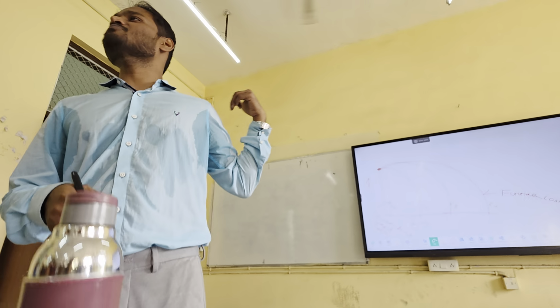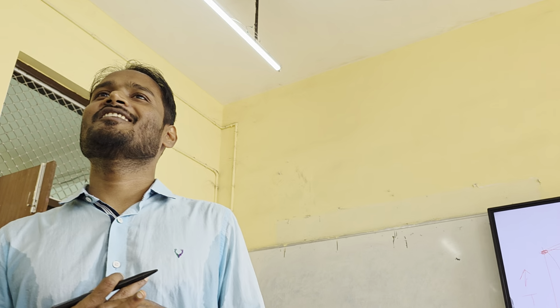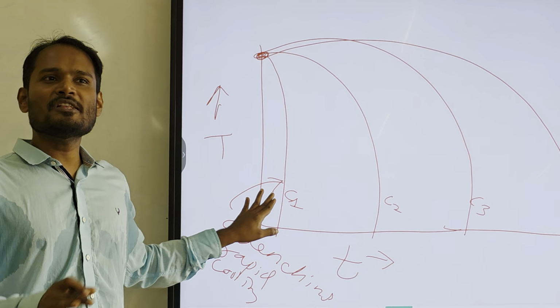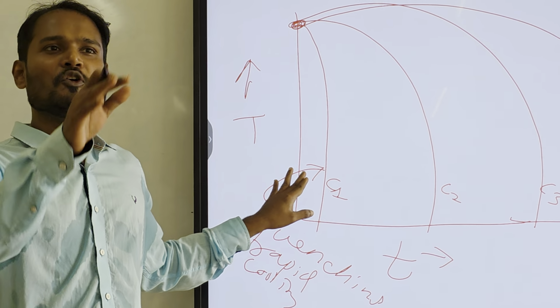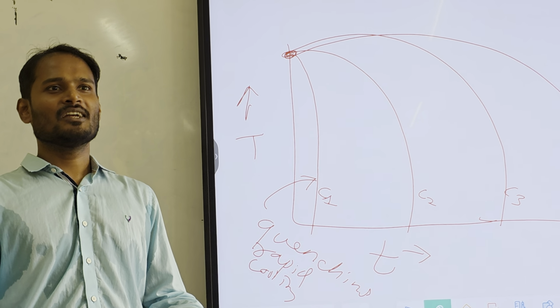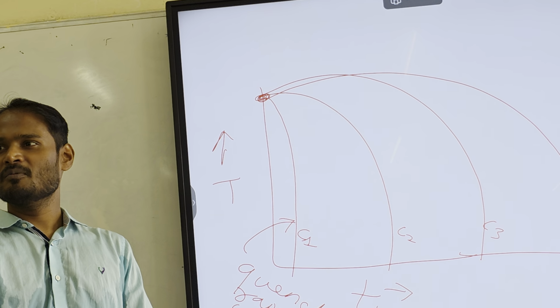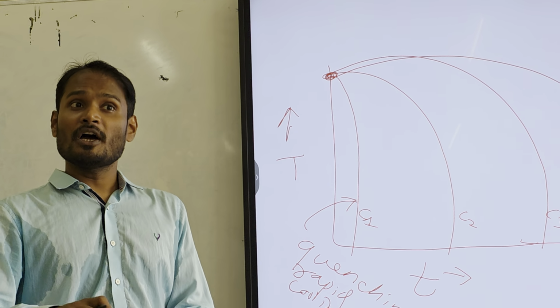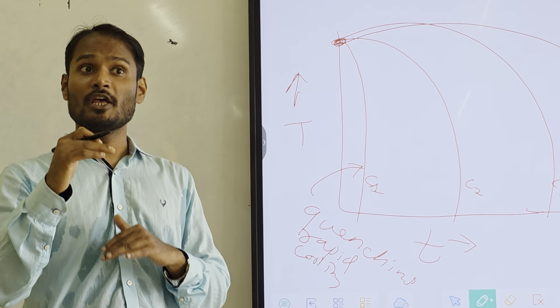So now tell me in which case pearlite will form and in which case martensite will form. In which cooling rate? This one is very fast cooling. That means no diffusion is there because you have brought the steel to so low temperature. Now no diffusion will happen, right? But austenite needs to transform because it becomes so unstable now. You are providing very high undercooling.